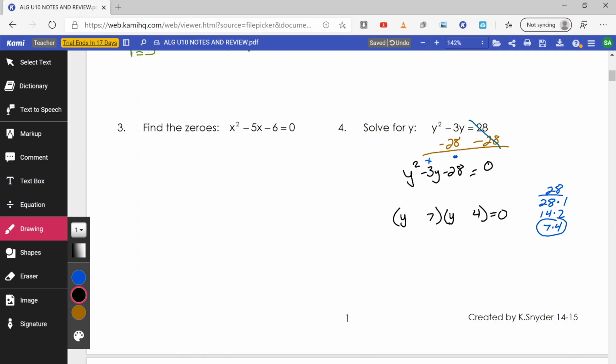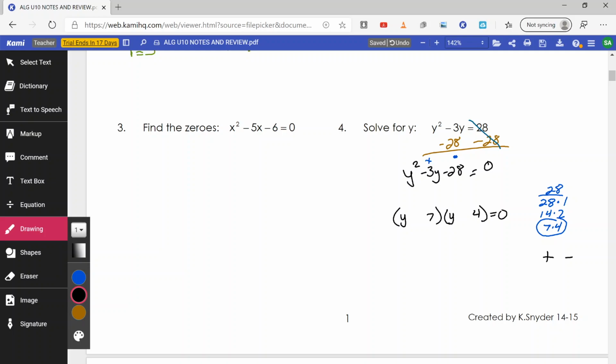Now the question becomes, how do I get the negative 28 through multiplication? Well, the only way I can get a negative is a positive times a negative. So this means one of them is plus and the other one is going to be minus. The question is, which one? Well, we always look at the middle term. The middle term is minus.